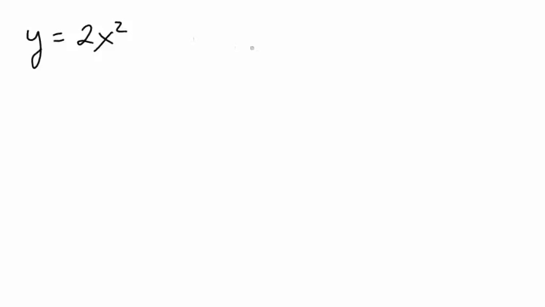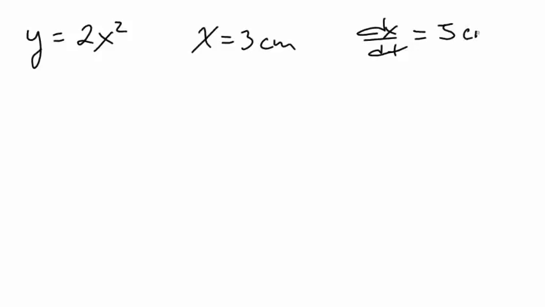I don't think I'm going to go through all those things like I did in 9-1 in this problem. We're just going to work the problem. x is 3 centimeters, and dx over dt is equal to 5. And of course, we probably want to go ahead and provide our units in centimeters.